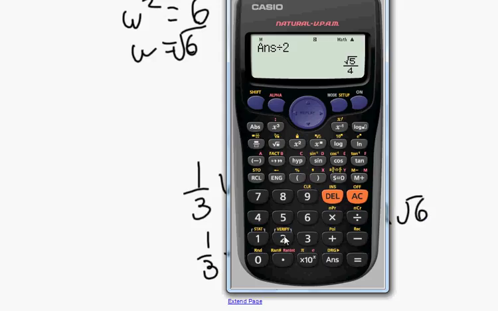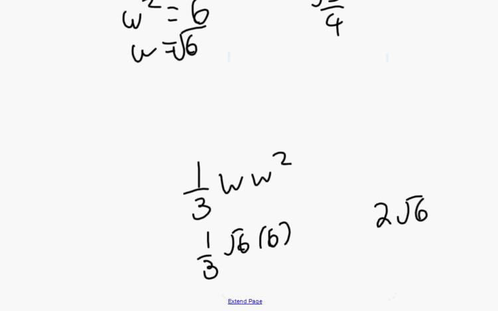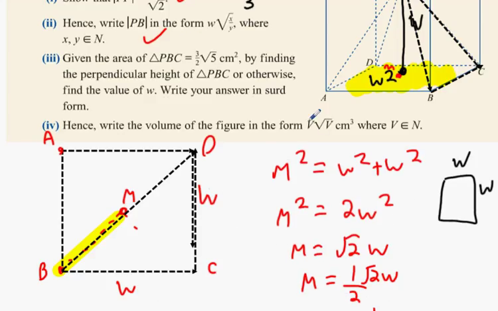I'm going to put 2 root 6 into my calculator. Not completely pleased with that. 2 root 6 seems to be my answer. But it wants it presented as v root v. So I'm trying to think about that. 2 root 6. It wants the same number twice.